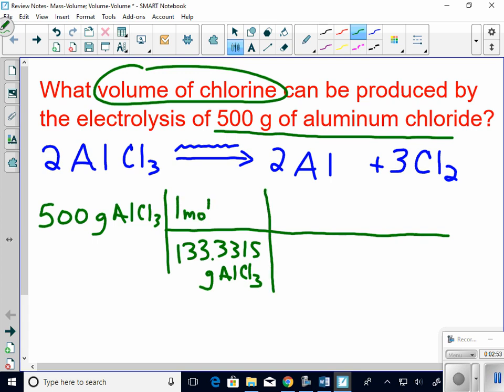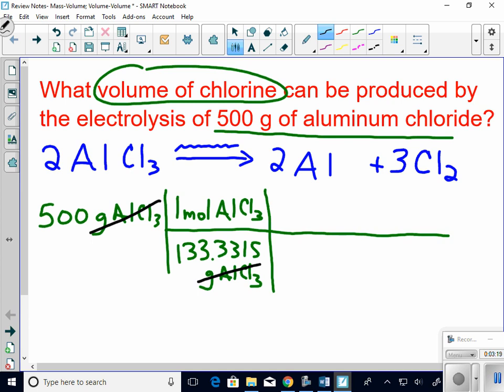I want 1 mole of aluminum chloride on the top. So, based on my factor label, I have a label right there that will cancel. So I have essentially converted this now into moles of aluminum chloride.